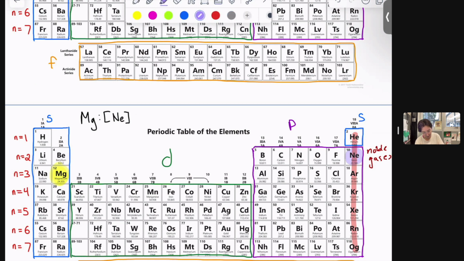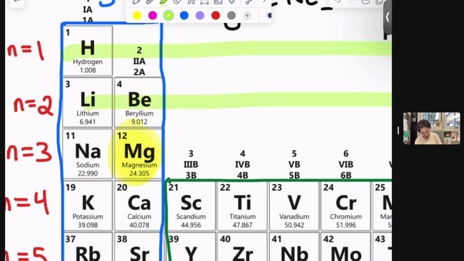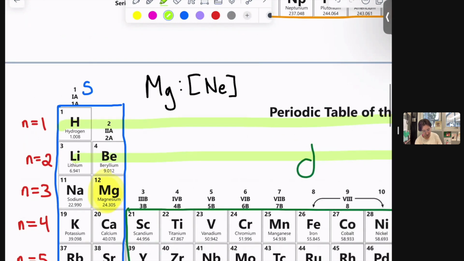So it can be said that up to this point, up to neon, magnesium has the same configuration as neon. I went through my 1s, I went through my 2s, I went through my 2p, and I got to neon. So I can just cut out those first 2 rows, cut out everything up to neon, and just start here. Now I just have to count everything past neon.